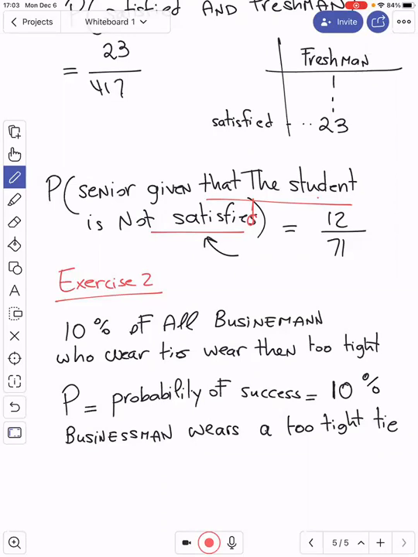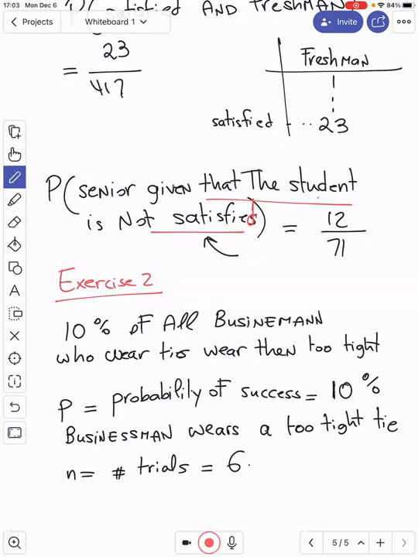Okay. Now at this board meeting, we have 6 businessmen, right? So the number of trials is 6. So N, this is the number of trials. This is equal to 6, right? Because we have 6 businessmen.